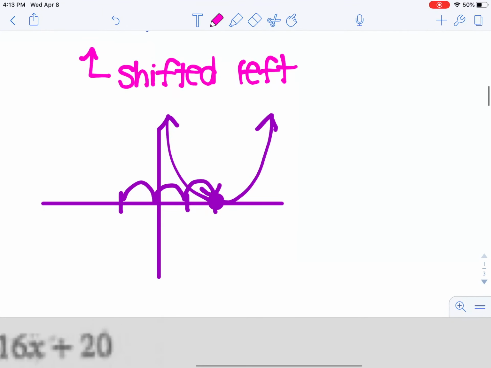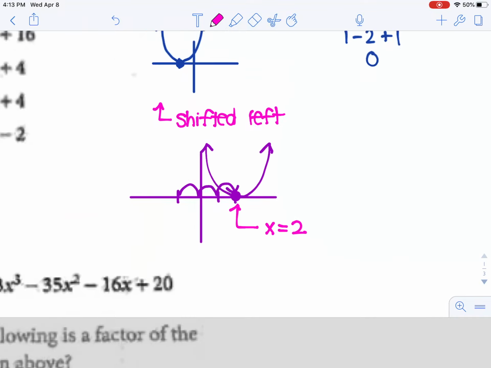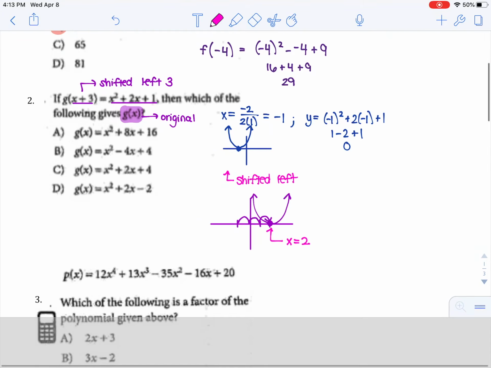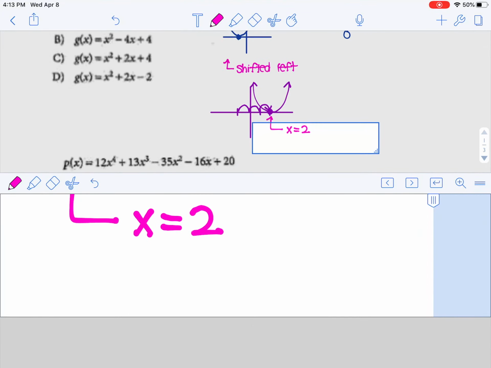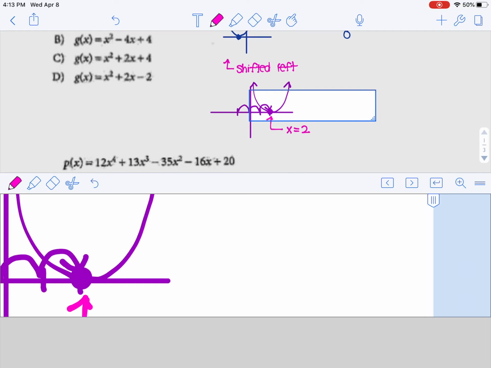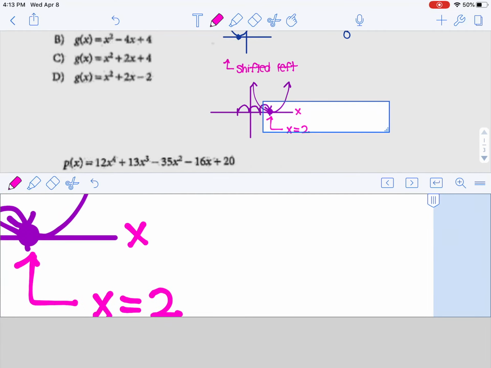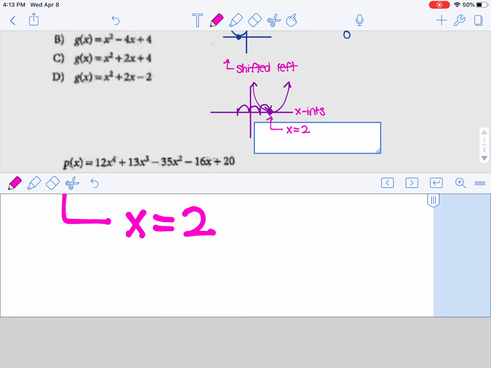All right, so this vertex here is on the x-axis. The x value is positive 2. Since it's on the x-axis, I think the easiest way to create an equation for this would be to put it in factored form, because anything that's on the x-axis, the x-intercepts, give me factors for the polynomial. So I would write this as x minus 2.